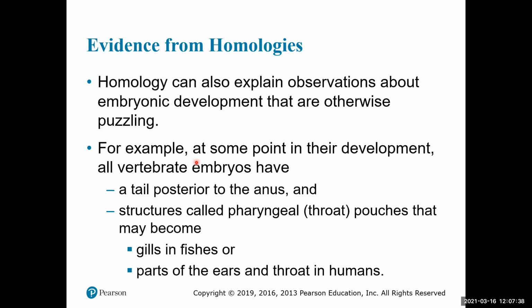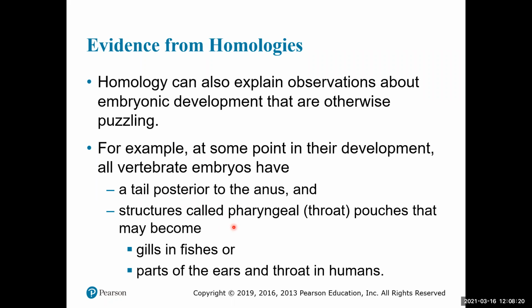Another interesting line of evidence that comes from homologous structures is homology through embryonic development. And this is super interesting to me. Basically, if you look at an embryo of almost any vertebrate species early on in development, those embryos will look very, very similar. For example, in our early development, humans have a posterior tail and pharyngeal gill slits.